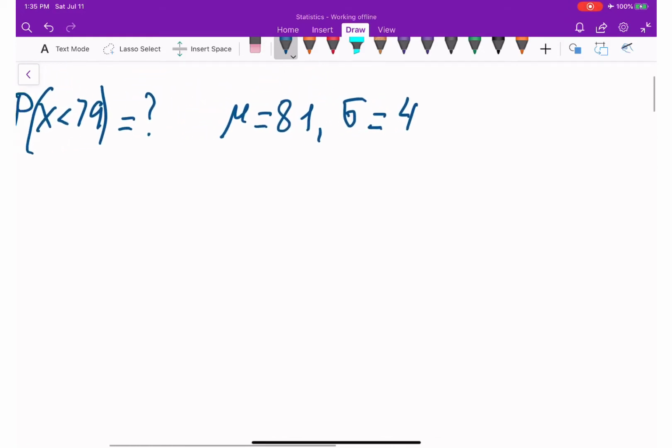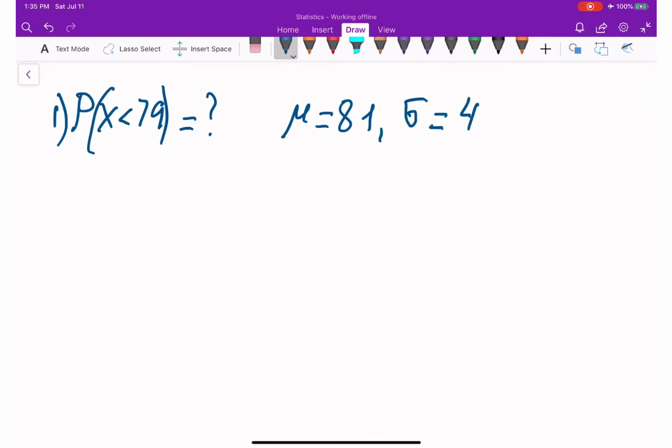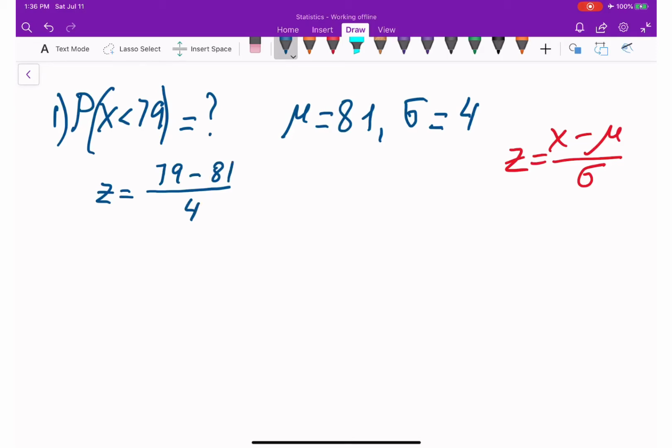The formula for z-score is x minus mu over sigma. So z-score is x, less than 79, minus mu 81, divided by 4.